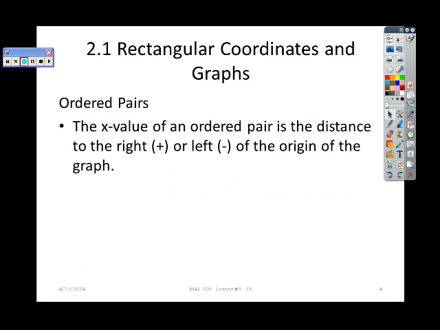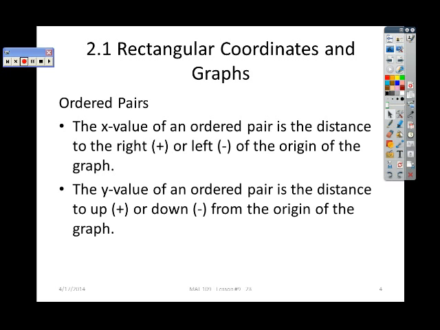The x value is the distance right or left from the origin. The y value is the distance up or down from the origin. And if you're going to do the graphing, if you're using a program like Excel, it will take care of making things uniform for you.